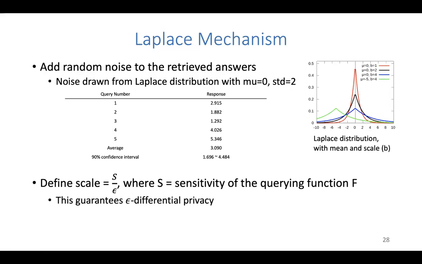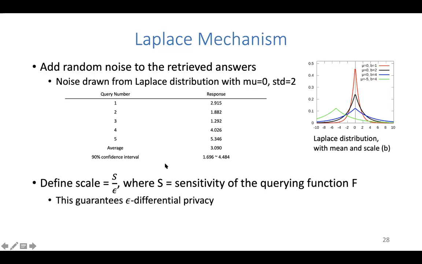So if you set your scale to this and simply add noise to the answer, the whole process is guaranteed to have epsilon differential privacy.